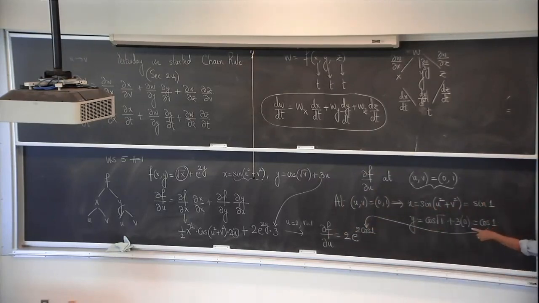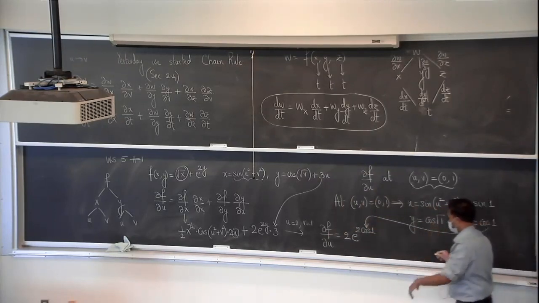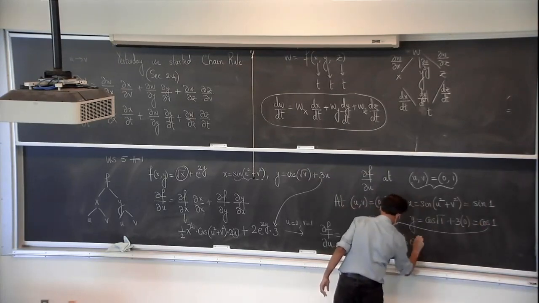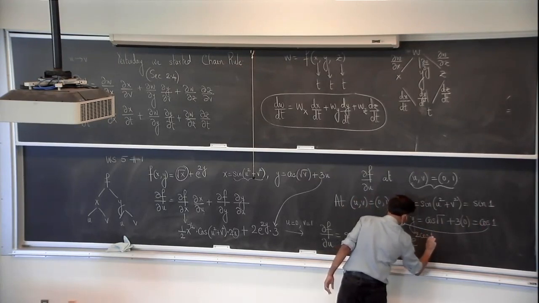So it's 2 e to the power of 2y times 3. Okay, so that's going to be 6 times e to the power of 2 cosine 1.